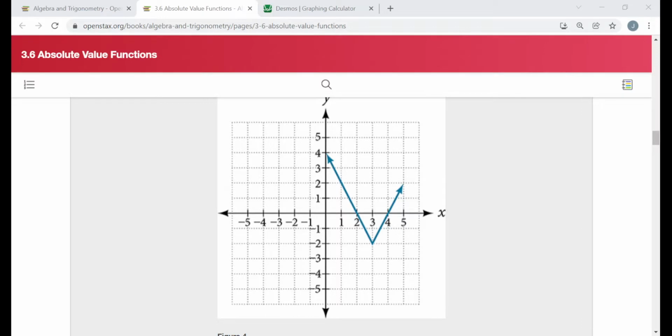Notice that lowest point, (3, -2). If I go right 1 unit, I have to go up 2 units to get back on the graph. Same thing if I go left 1 unit, I have to go up 2 units to get back on the graph.